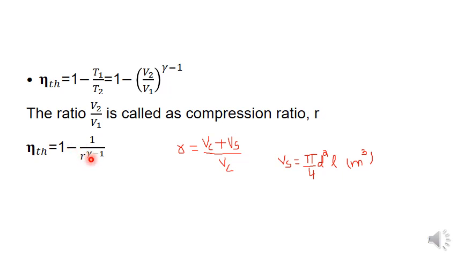As the compression ratio increases, the denominator increases, and the efficiency also increases. If R increases, thermal efficiency increases. If R decreases, thermal efficiency decreases.